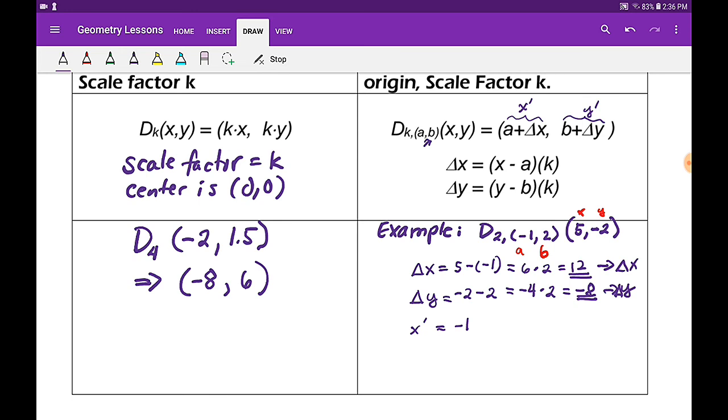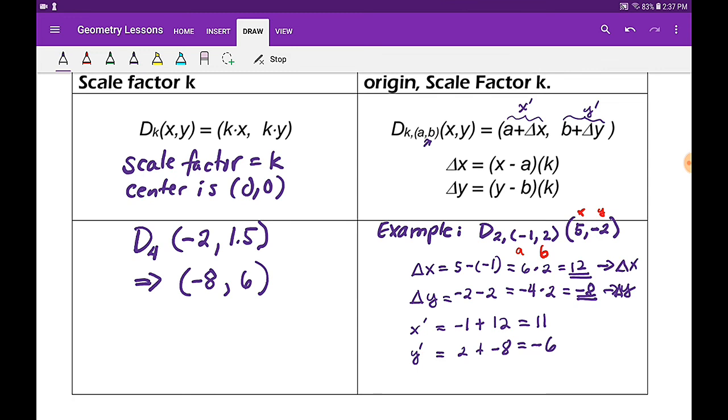Negative 1 plus, what is delta X? Plus 12. Negative 1 plus 12 is 11. That's easy. Now the Y prime is equal to what? 2 plus negative 8 is equal to negative 6.